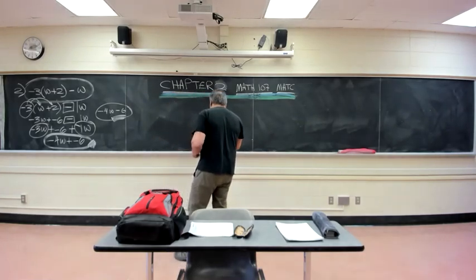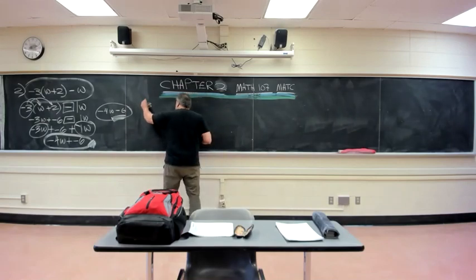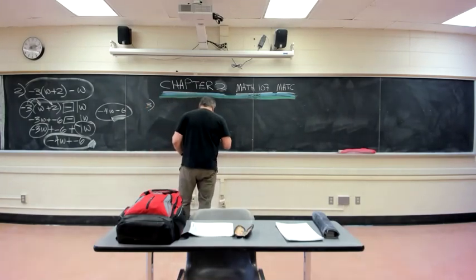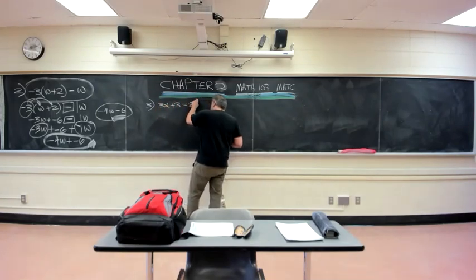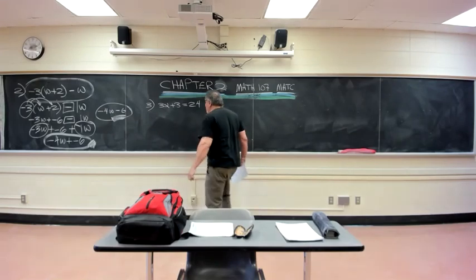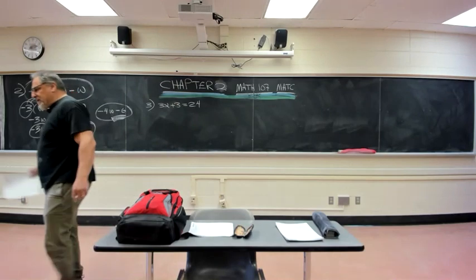There's some interesting algebra here that I think needs to be looked at, so let's do just that. So looking at this, let's look at problem number 3, for example. If you got 3x plus 3 equals 24, the basic premise of algebra, look at like great scholars that have talked about it.